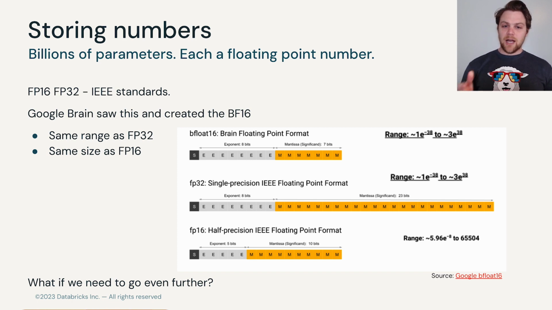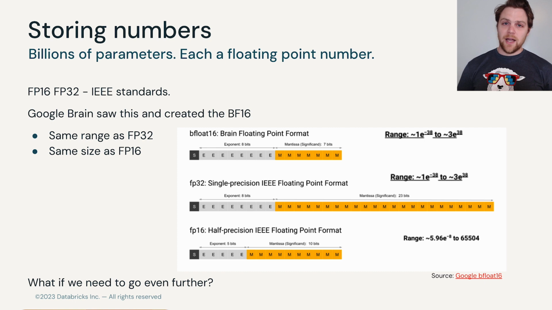It allows for a much larger exponent, the same as that of floating point 32, but a much smaller mantissa. The way this works is they can actually store numbers that have a very large value or a very small value, but for intermediate values, they don't pay as much attention and they lose a bit of accuracy.